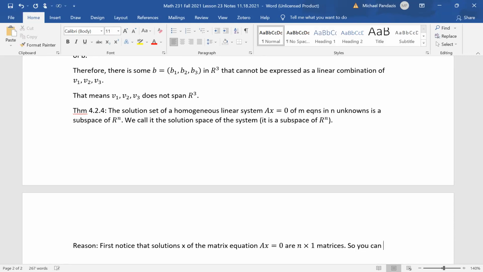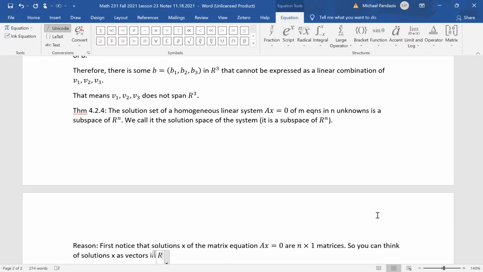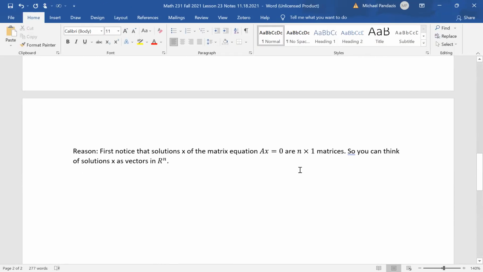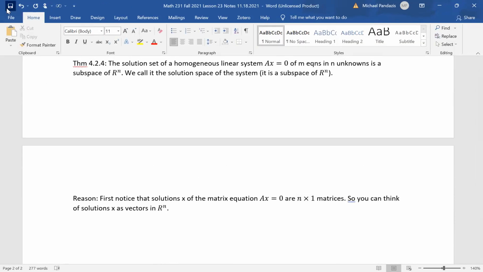So you can think of solutions x as vectors in Rn. Rn is the set of all n-tuples. An n by 1 matrix is a matrix with n entries. It's just another way of representing a list of n things. Okay, so it's just another way to illustrate the same thing. And so solutions x of that matrix equation can be thought of as vectors in Rn.